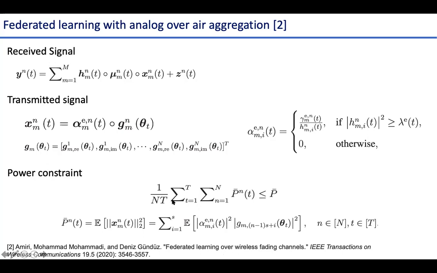But just to mention, alpha has to be chosen by solving this problem. Here, the average power is 1 over the number of time slots times the number of iterations, where we sum over the number of iterations and the number of time slots per iteration. We sum the power, and that average power should be less than or equal to a predefined threshold.